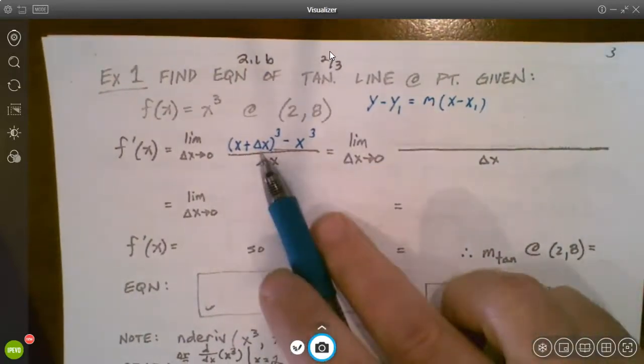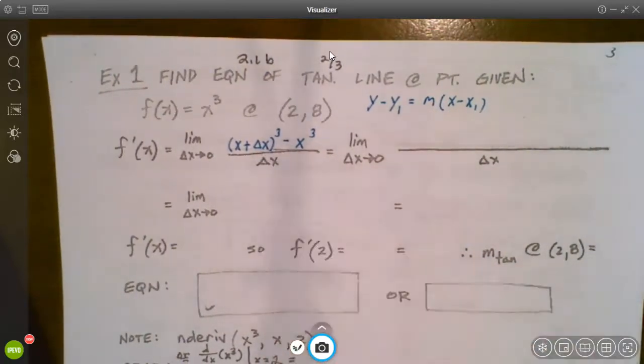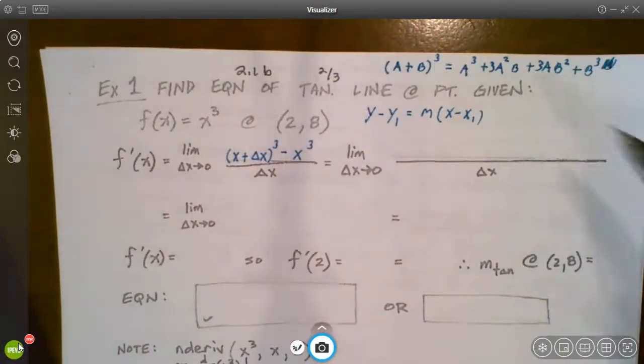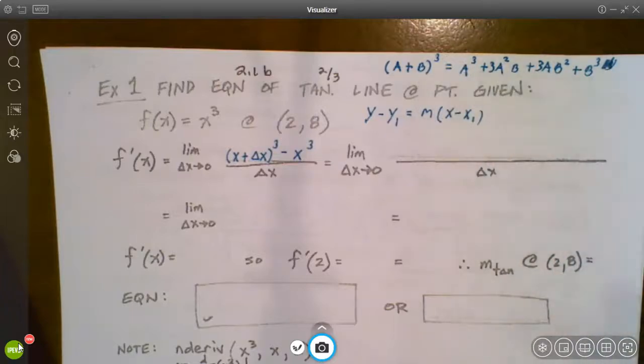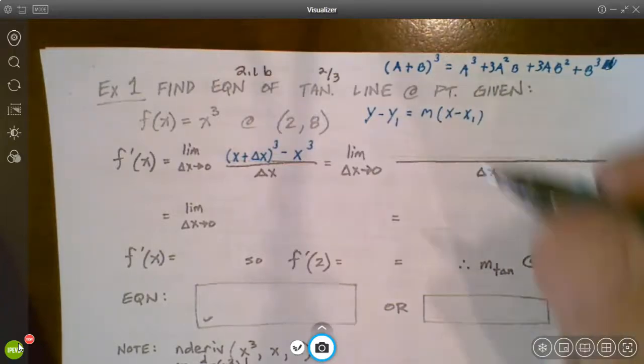So we're going to start by expanding that guy right there. Let me throw in the formula that I'm using as a quick reminder. So the formula you learned in the past for expanding a binomial to the third looks something like this. This is definitely one you should memorize because we do use it quite a bit.